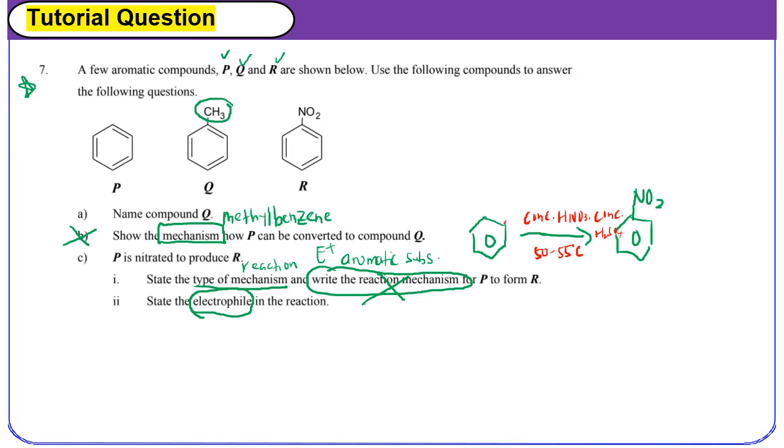The benzene ring here has one hydrogen, and this hydrogen is replaced by NO2, which we note as the electrophile. So it means electrophilic aromatic substitution. In this case, the electrophile is NO2 plus.